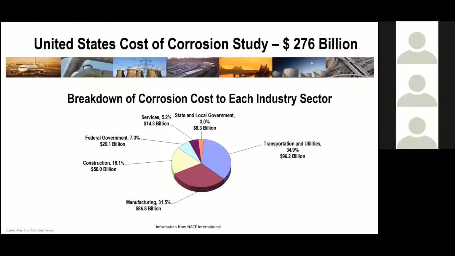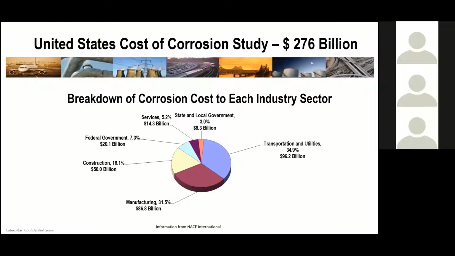In the United States, people are constantly trying to determine, within the government and through the National Association of Corrosion Engineers, the cost to society of corrosion, and it's roughly $276 billion. It's probably more, but that was the latest figure that I've seen.